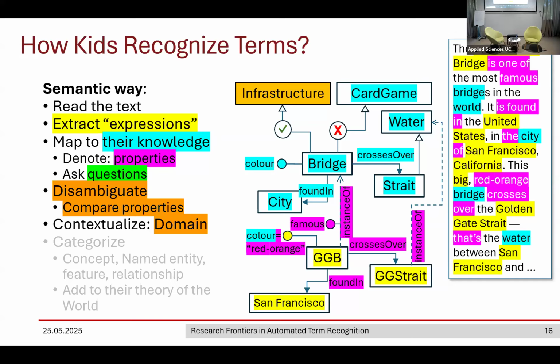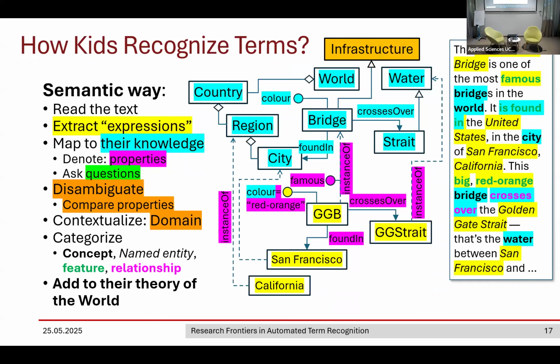So this allows them to contextualize and perhaps choose the pragmatic context of this or that expression, which is a term candidate. So finally, after contextualization, after being certain that a bridge is part of an infrastructure, they categorize the things they have marked up in the text, like concepts, bolded, like named entity, italics, like feature in green, like relationship in violet, and so on.